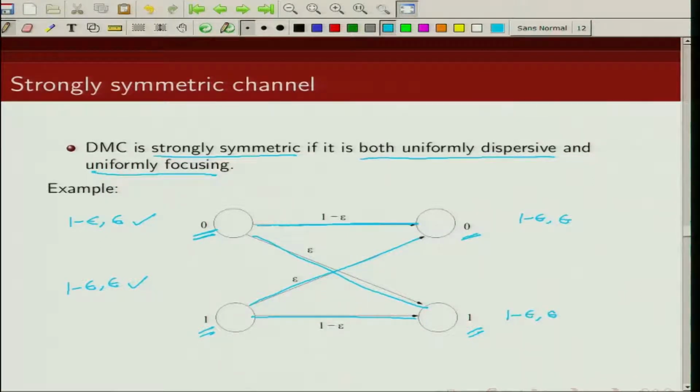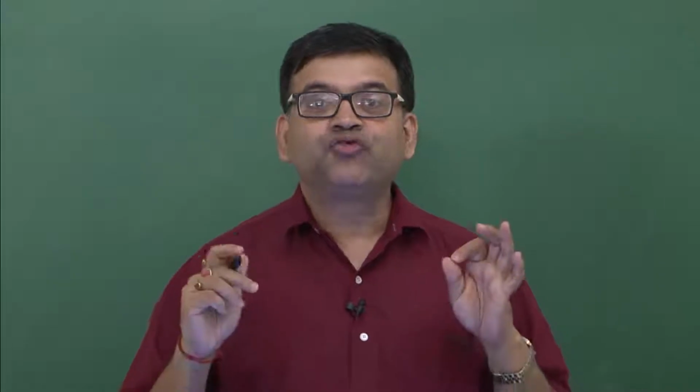So, these probabilities, when arranged in descending order, are the same no matter what my output is. So, this is an example of a uniformly focusing channel. So, this is a uniformly dispersive channel as well as a uniformly focusing channel. So, this is a strongly symmetric channel.